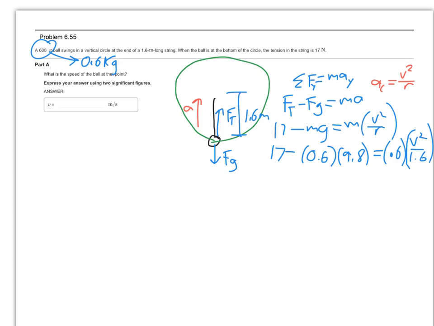So on that left side, I end up with 11.12, and that's going to be equal to, if I do 0.6 divided by 1.6, it ends up being 0.375 v squared. Solving for v there, I end up getting that the velocity is 5.44 meters per second. Rounding to 2 sig figs is just 5.4.